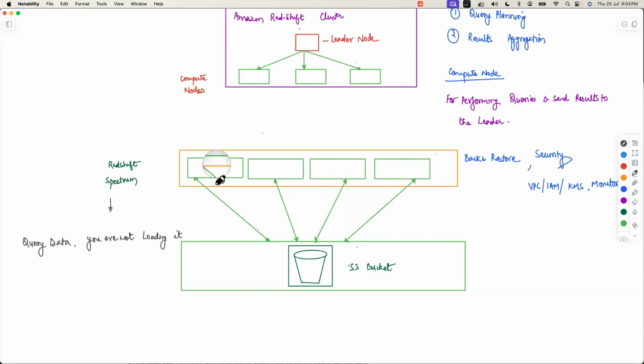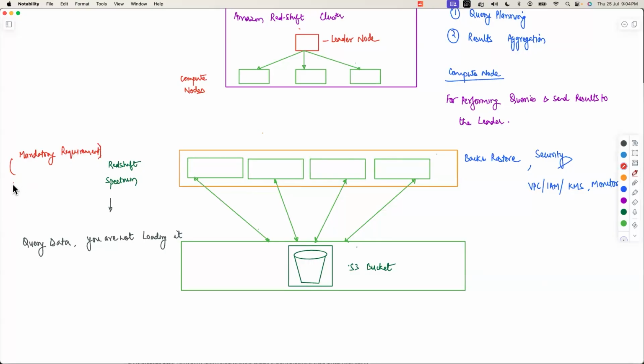But for this query processing to work, Redshift Spectrum has one mandatory requirement. And what is the mandatory requirement if anyone is trying to do this?